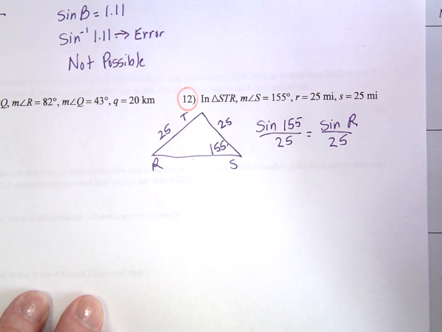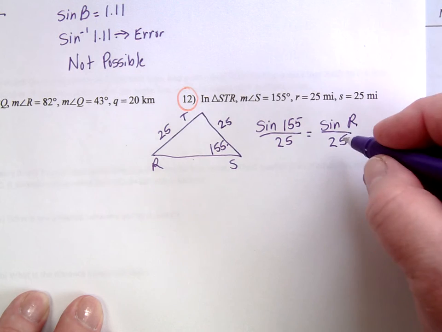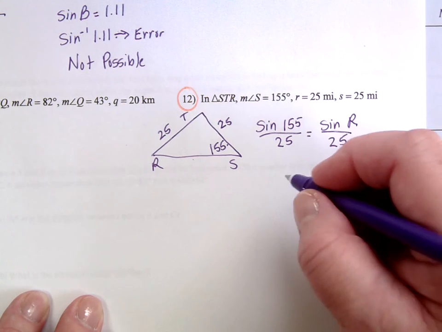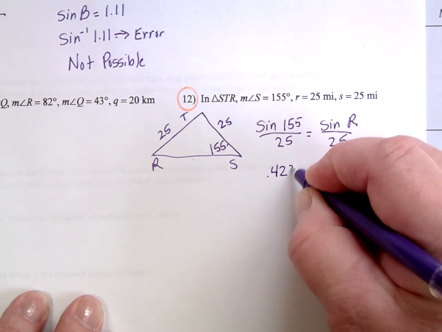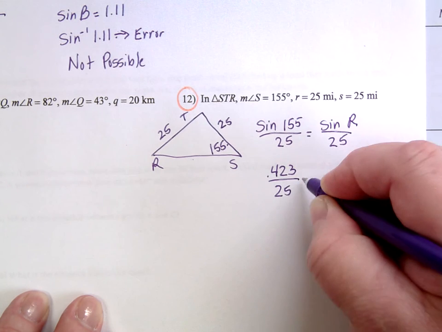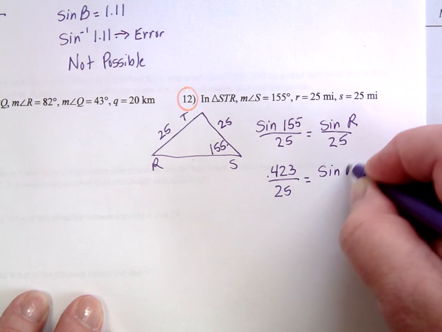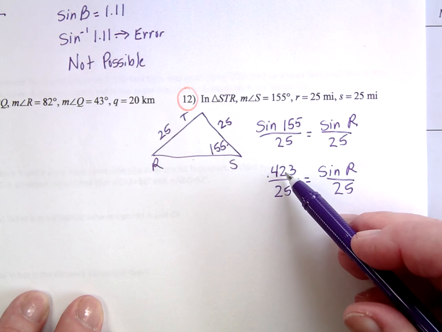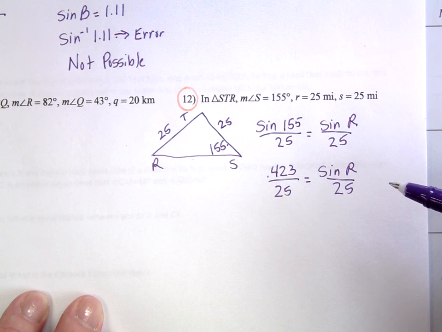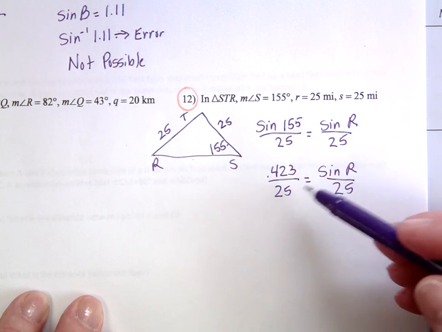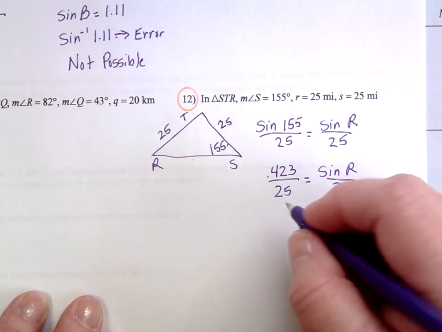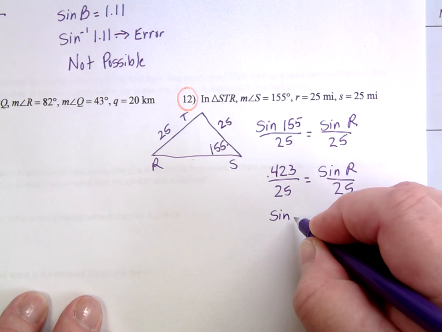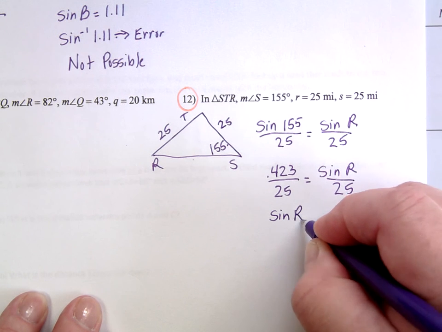And so I go through the math of this, and the sine of 155 is 0.423 over 25 equals the sine of r over 25. And so I cross multiply 0.423 times 25 divided by 25. Guess what it puts you back to? 0.423. Sine of r equals 0.423.